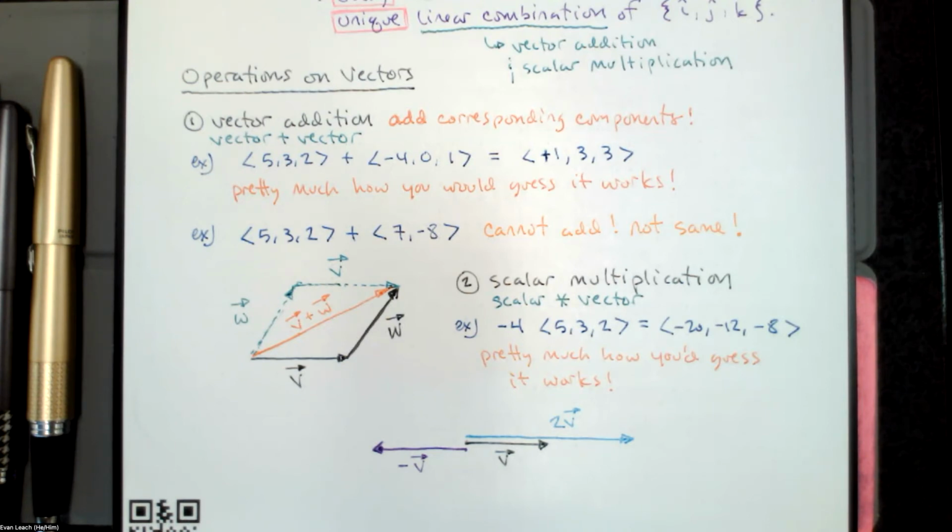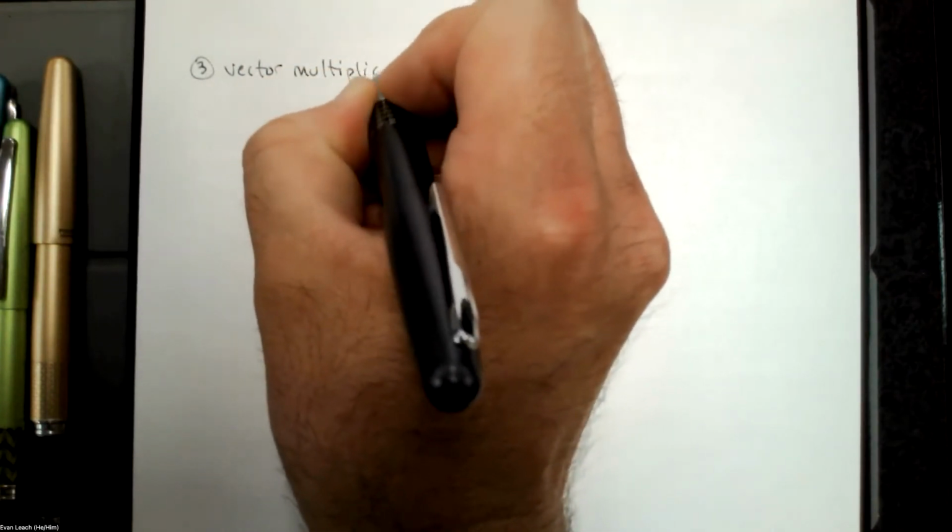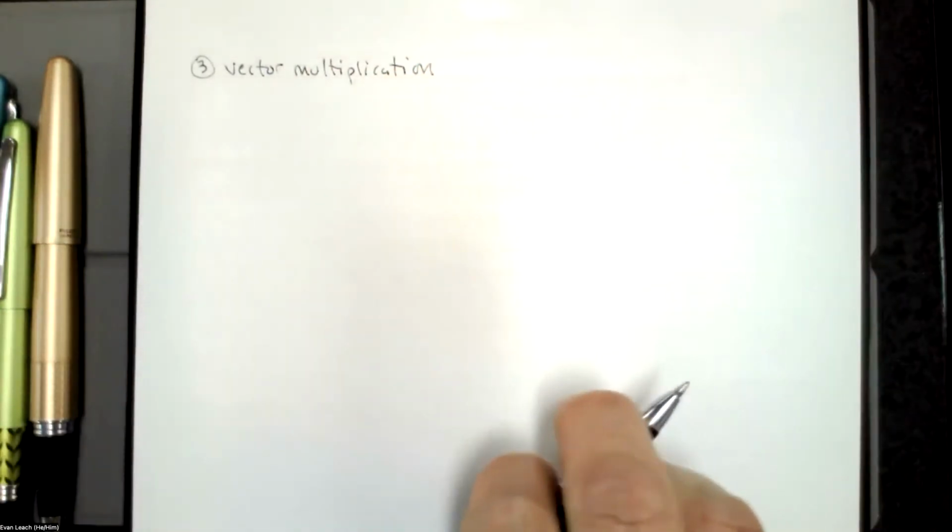The next category is going to be vector multiplication. How do we take a vector and multiply it by another vector? There are two kinds of vector multiplication.